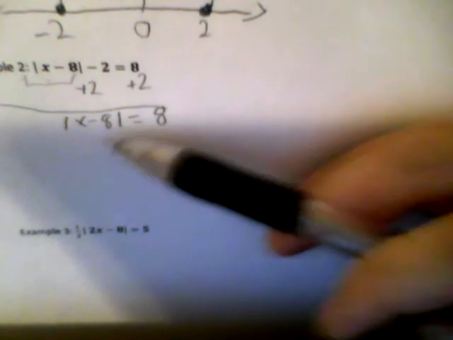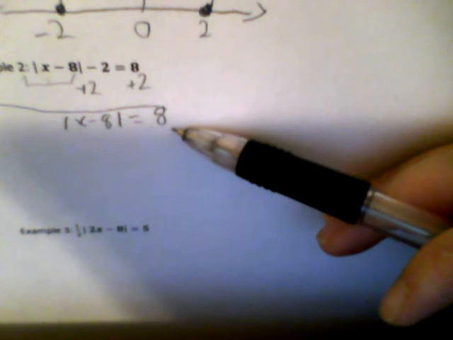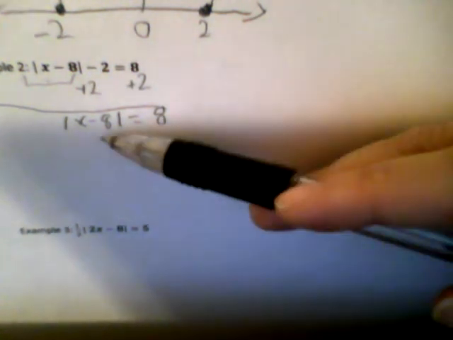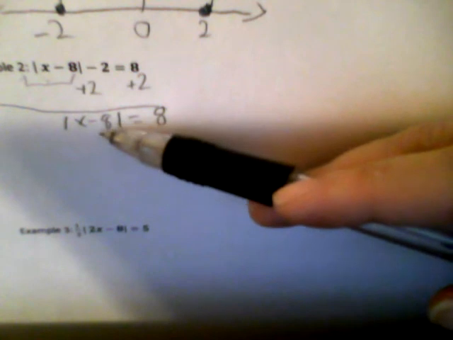Now at this point, my absolute value expression is isolated. So I have to think, okay, x minus 8 is going to be 8 units away from 0, which means I actually have two equations here, because x minus 8 could either be 8 or it could be -8.